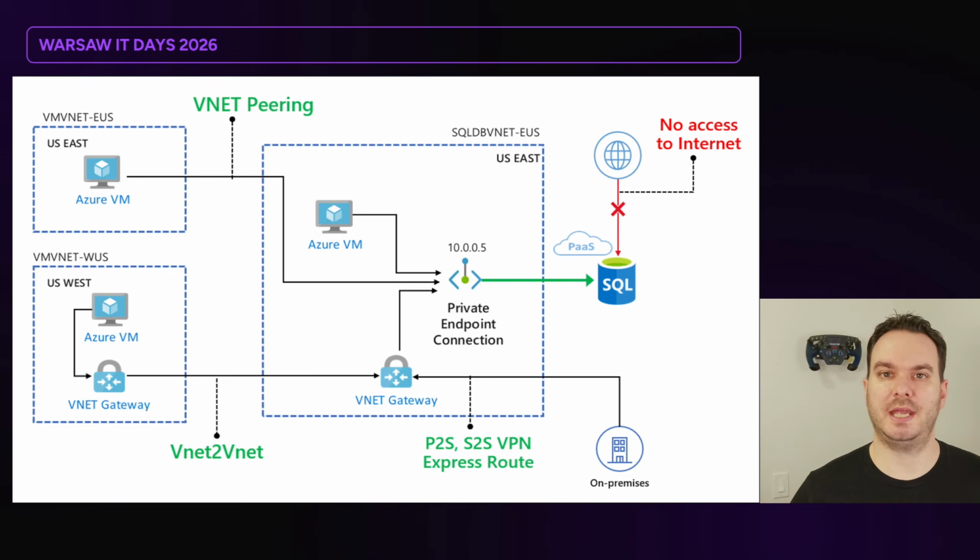This means I can connect multiple VNETs together, and then resources in other VNETs can also access my database. We see also here on the image that I can have a VPN gateway. This means other VNETs or on-premise services can also connect via this VPN gateway to my VNET and therefore access the database over a private connection.